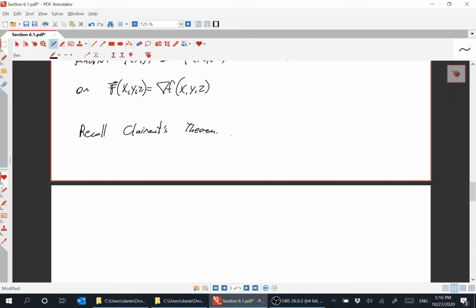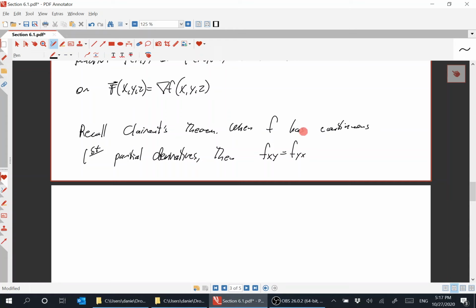Right? Clairaut's theorem was that when f, let's just say f, has continuous first partial derivatives, then fxy equals fyx.